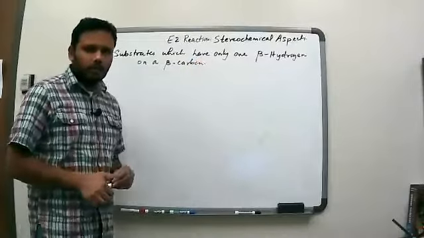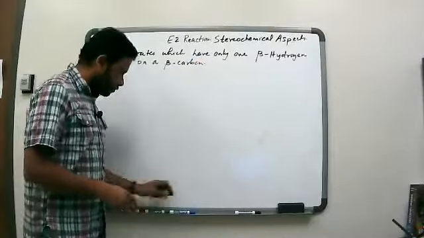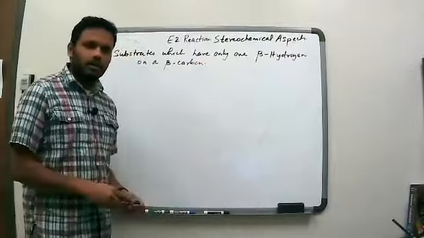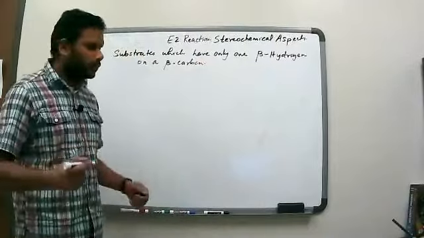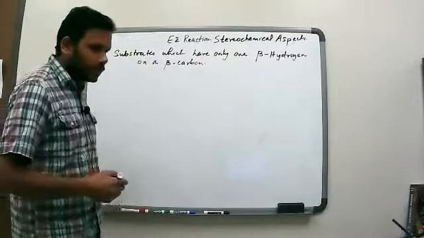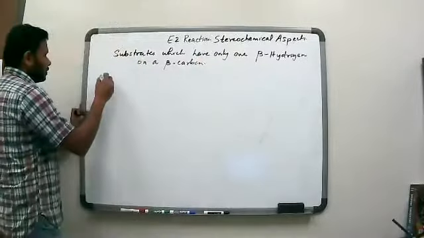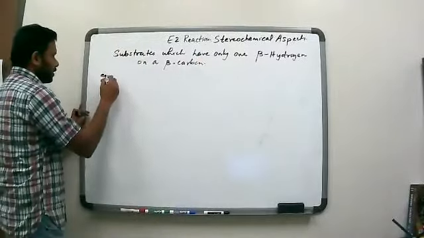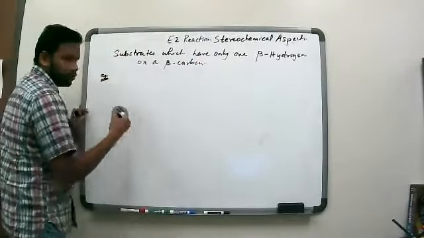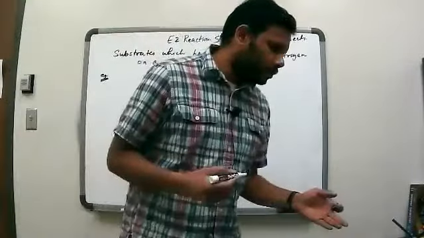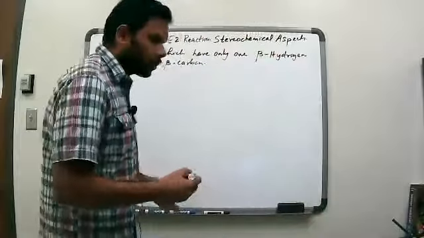Okay, there's only one beta hydrogen on a beta carbon, and let's see what we can learn from this scenario. So to start, we'll look at an example, and I'm picking this example from the textbook, but you can work out other problems and see what happens.